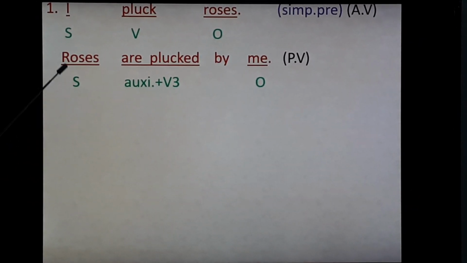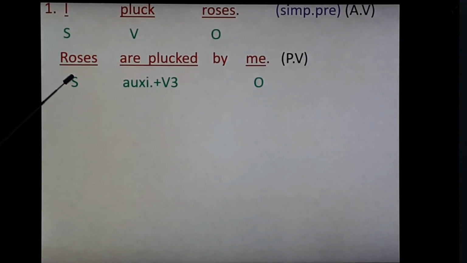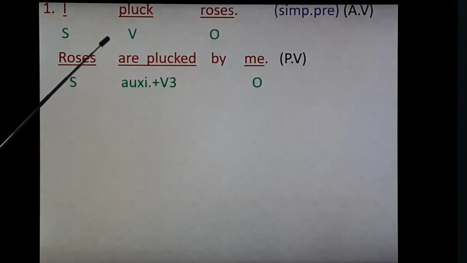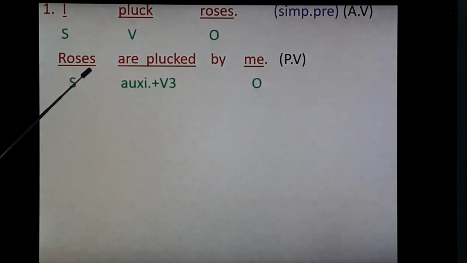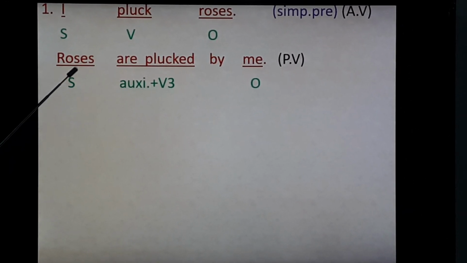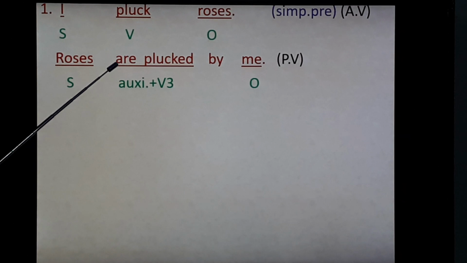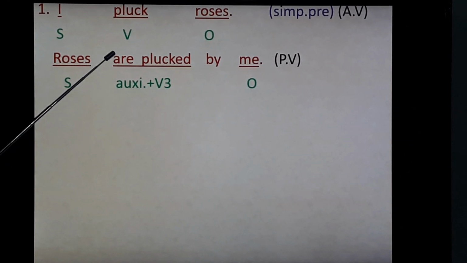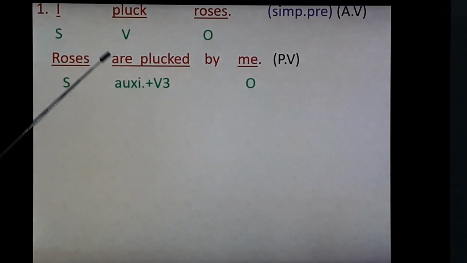So according to this subject, you have to put the appropriate form of verb. Here roses, so plural form and simple present tense. That's why is, am or are. So here are is appropriate. That's why are is given.